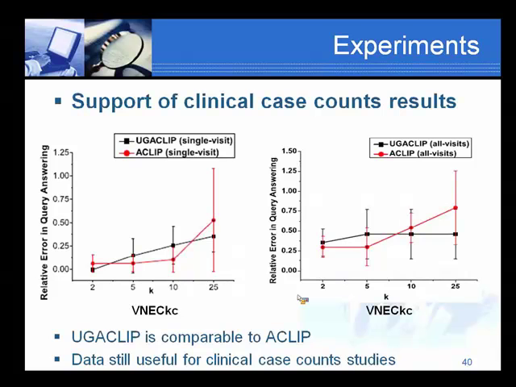This basically means that data is still useful for studies beyond those included in the utility policy, for studies beyond Genome-Wide Association Studies. So, the main result is that by tuning our algorithm to help GWAS studies, we do not lose utility for different studies, such as for clinical case count studies.